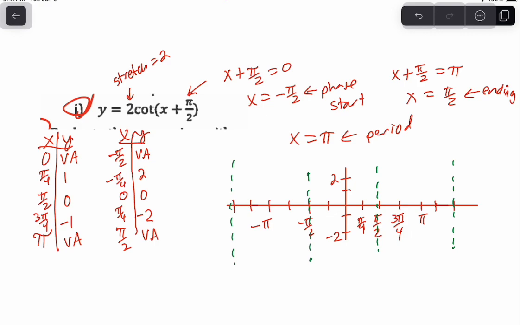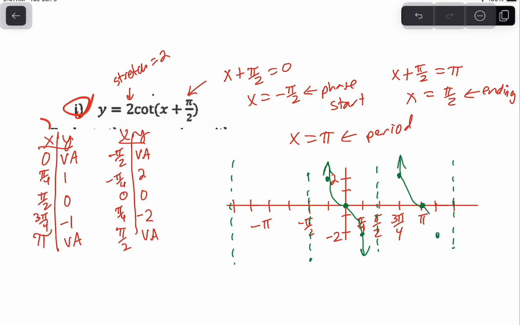Now let's put on our swooshes. So at 0, we're at 0. At negative pi over 4, we're up 2. At positive pi over 4, we're down 2. So our swoosh, our cubic sort of looking thing, it looks like that. And then we can do that. Smack dab in the middle, you're always on the midline. This one goes up to the left and down to the right.